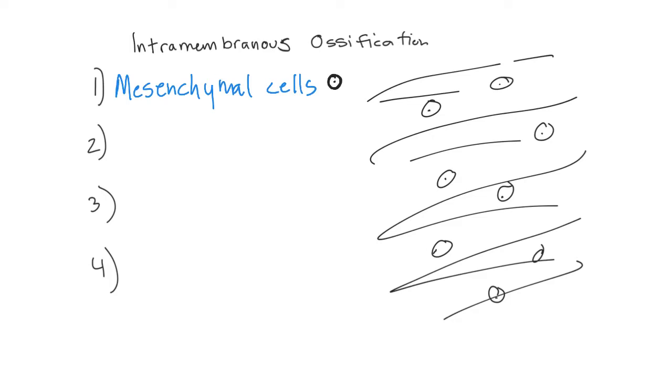In this instance, mesenchymal cells develop into osteoblasts, which will make these yellow cells. Now they're osteoblasts.